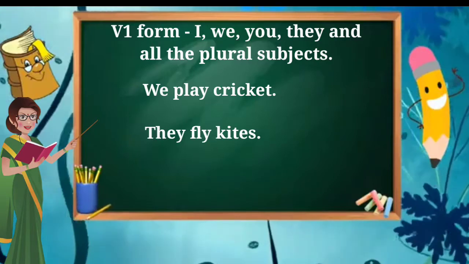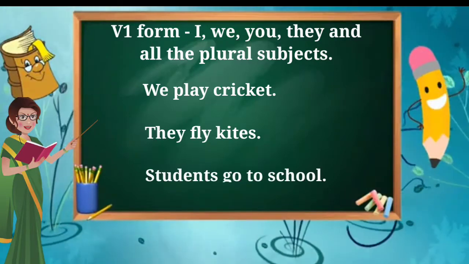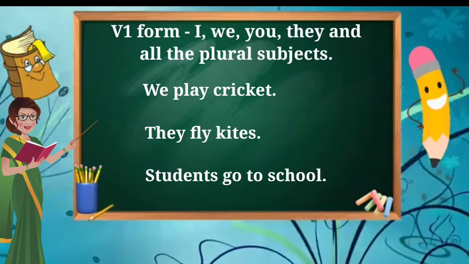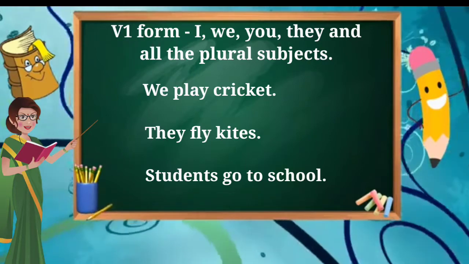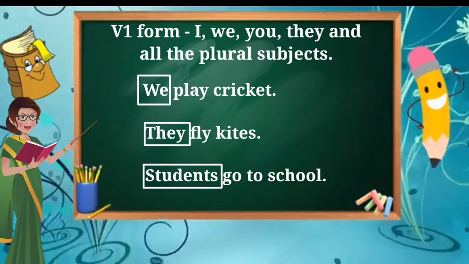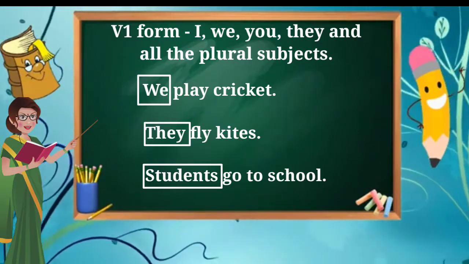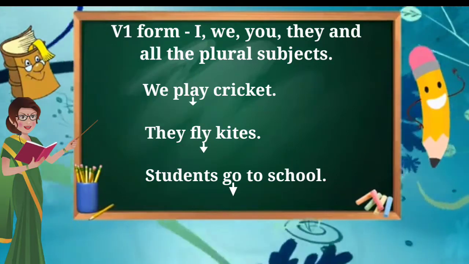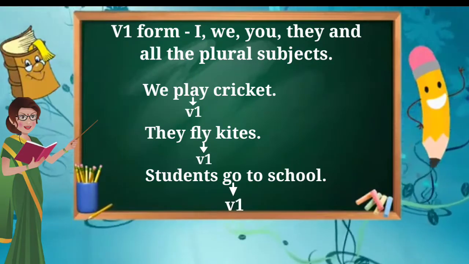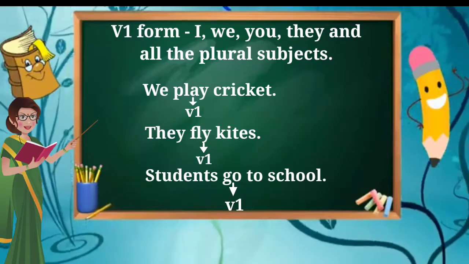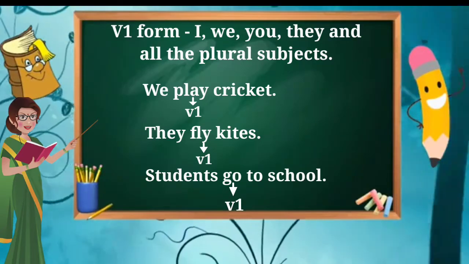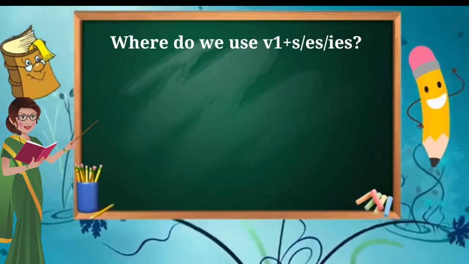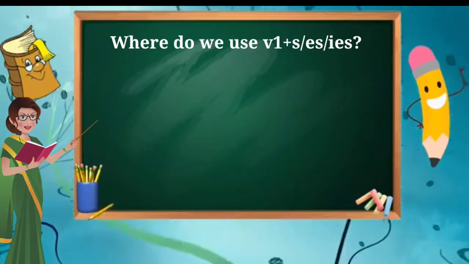They fly kites. Students go to school. Here the subjects are we, they and students, so that we applied the V1 form as play, fly and go.